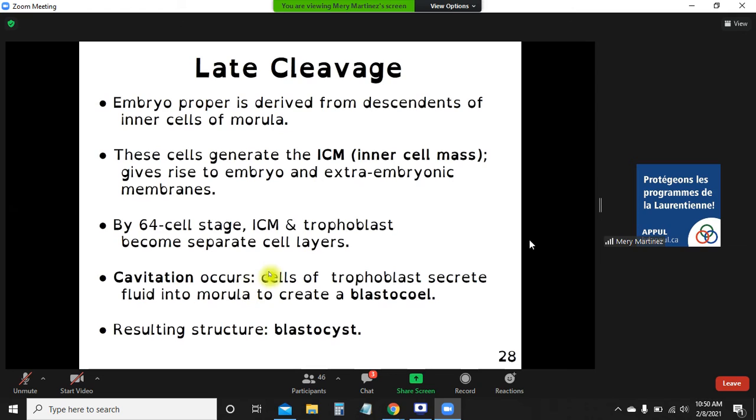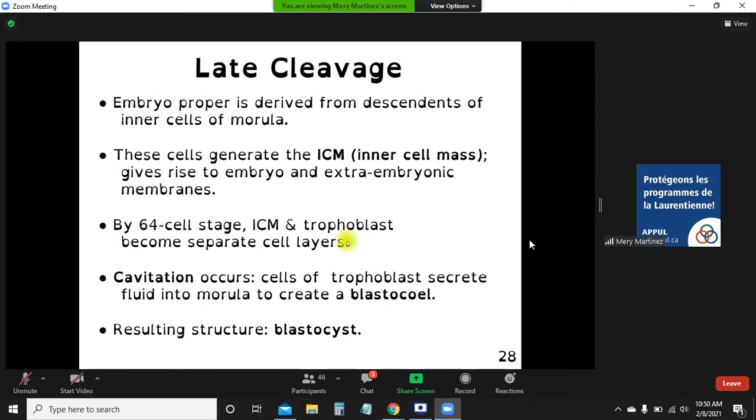They do this by using sodium-potassium ATPase and sodium-hydrogen pumps, all coming from the trophoblast.